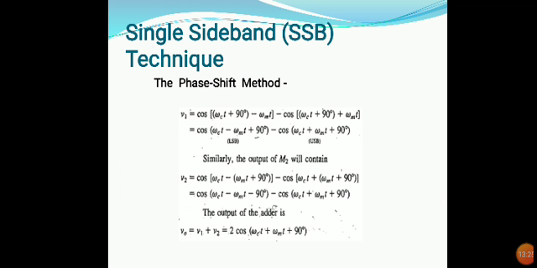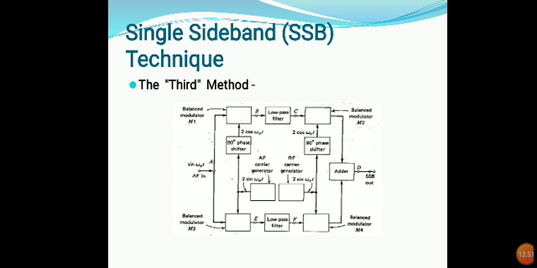V1 and V2 are the outputs of the balanced modulators. If you add them, you are getting omega CT plus omega MT, that is the upper sideband you are getting, and plus 90 degrees there. That phase shift does not make any difference as far as the intelligence of the signal is concerned. So this is how one sideband can be reduced or suppressed.